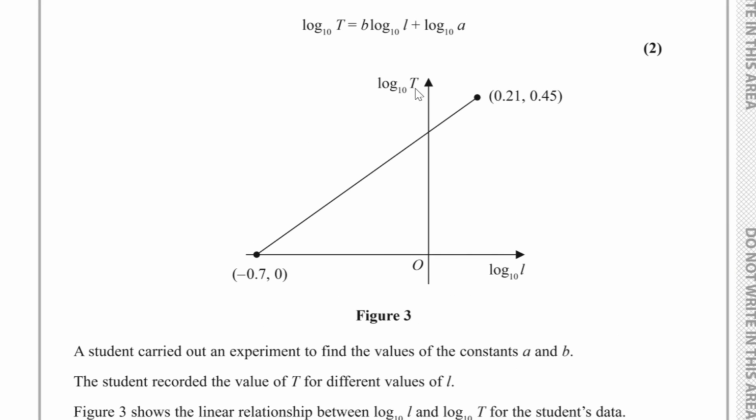For the gradient, we need the change in log base 10 of t, which is 0.45, and the change in log base 10 of L from minus 0.7 to 0.21, that's 0.91.